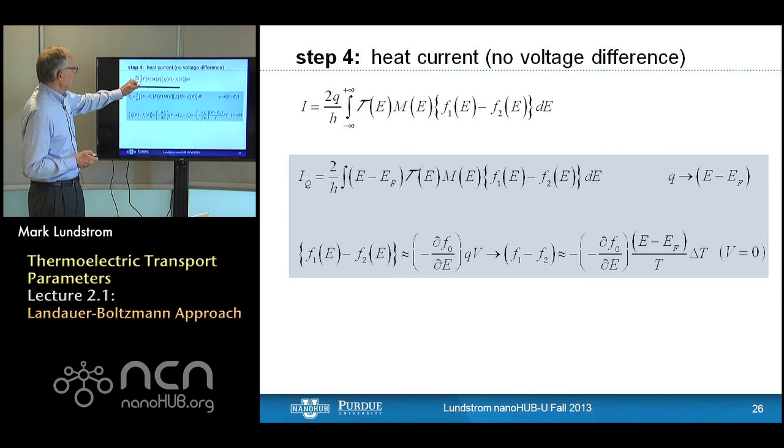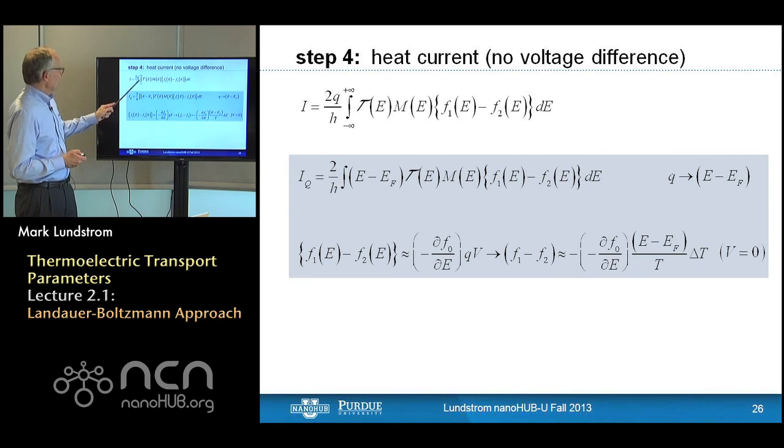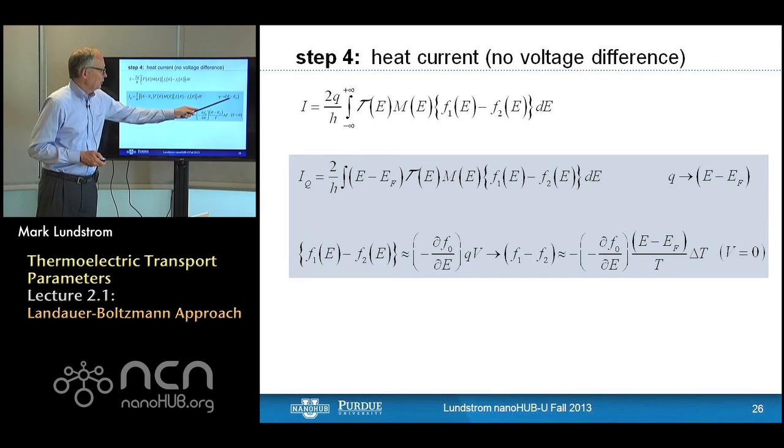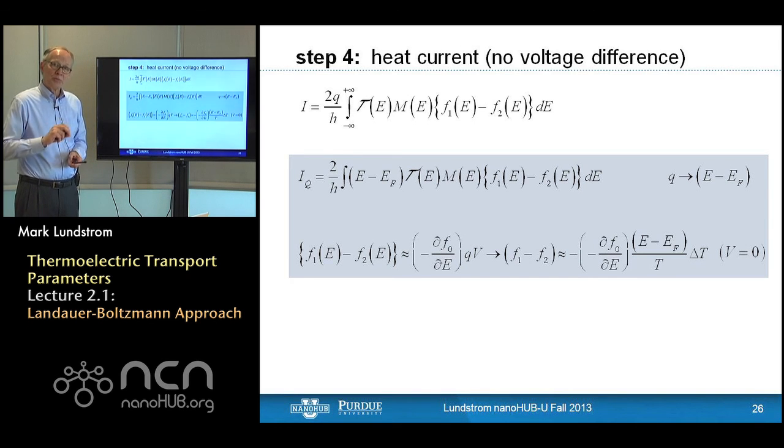We can take our expression for electrical current, and now we're going to be interested in heat flowing, not charge flowing. So we should replace the charge on an electron Q with the amount of heat that each electron absorbs as it hops from the Fermi level in the metal up to a channel in the semiconductor. We have to put that inside the integral because it depends on energy. Then we can use our same Taylor series expansion for F1 minus F2.